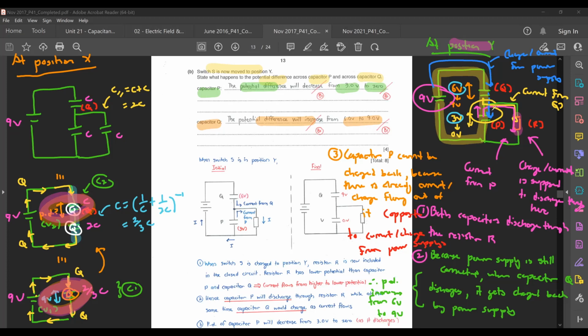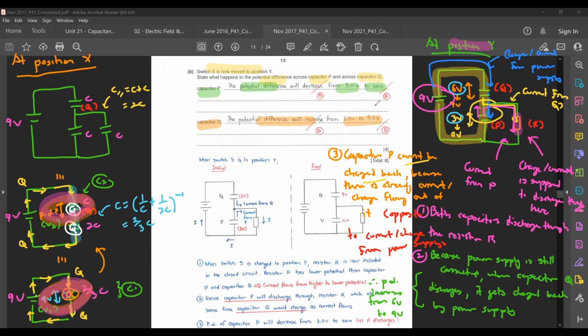Your charge or current from power supply wants to go down, but the existing charge or current from your capacitor P is trying to go up. So right now, it can only move one way. So here, because your capacitor P is discharging current or charge out in this direction, opposite to the current or charge from your power supply, it actually cannot be charged back. So it will just continue discharging, right? So here you cannot say capacitor P will be charged back. It cannot be charged back.